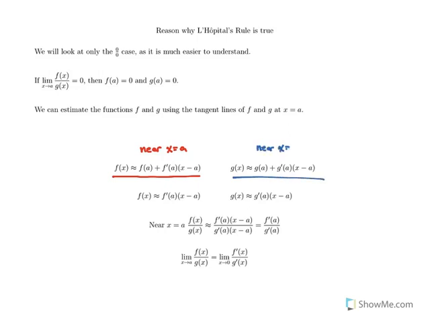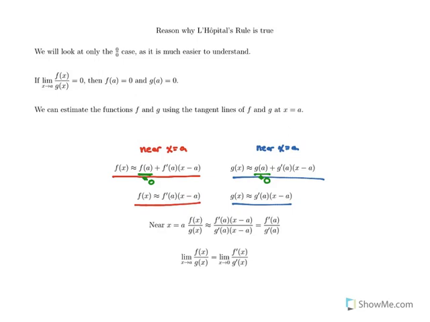This is only true near x equals a. And we know that f of a and g of a are equal to 0. So we can get rid of those terms, and we can say that f of x is going to be about f prime of a times x minus a, and same with g of x in terms of g.